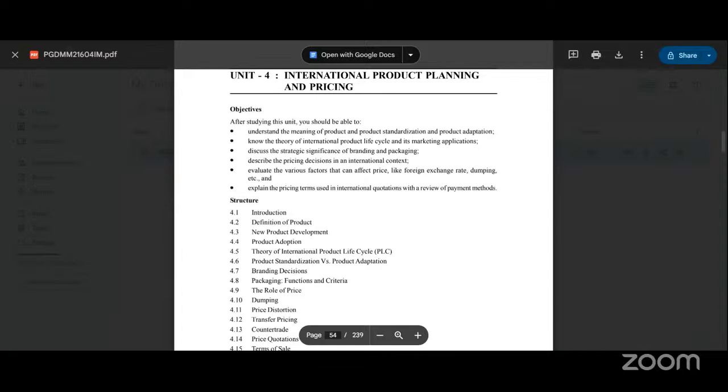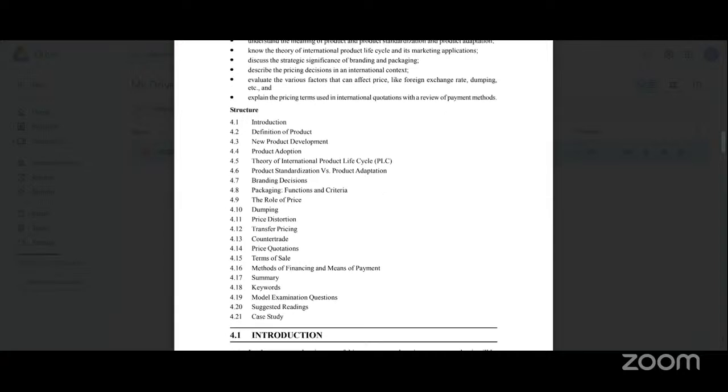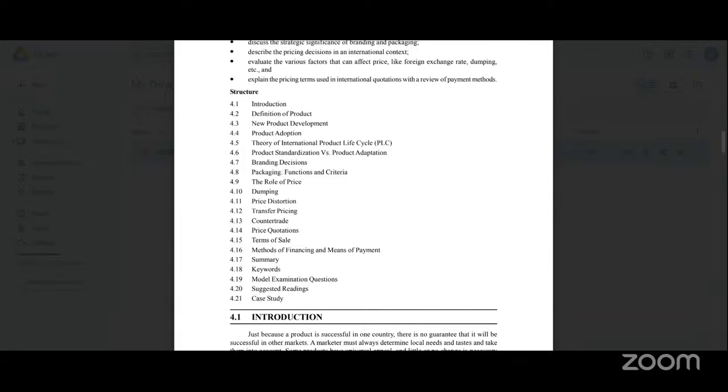Further, let us look at the structure. The structure broadly follows the pattern of introduction, the definition, new product development, product adoption. We'll also be looking at the theory of international product life cycle, product standardization versus product adaptation.